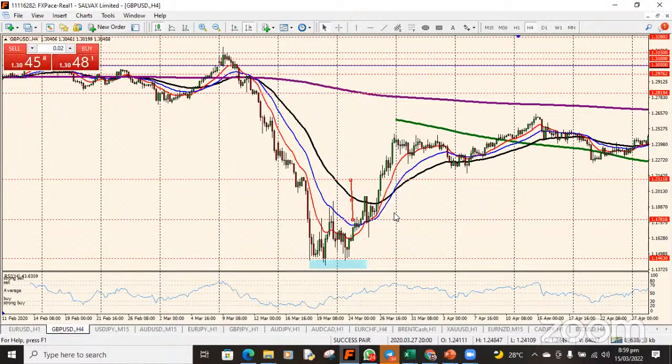So if it moves 330 pips times 10, that is how much? 3,300, if you are using one standard lot. But if you are using 0.1 and it moves 330 pips, it means that you have taken $330, because with 0.1, the pip value is 1 pip equal to $1.